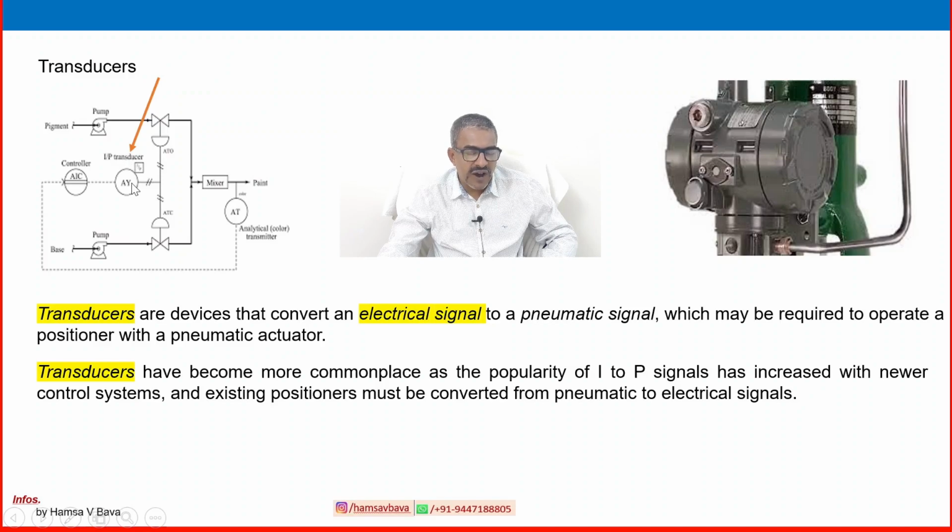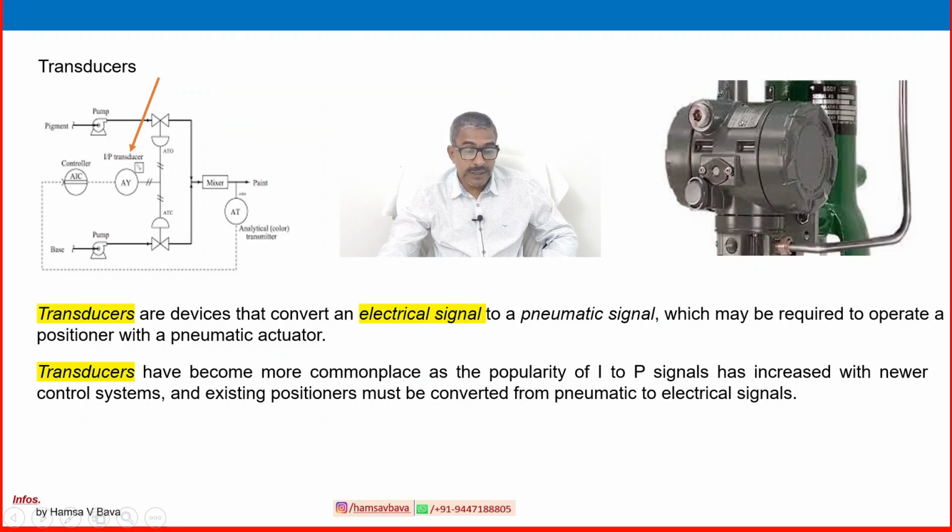Normally in a P and ID, Y is the notation used for a transducer. So the signal is going to the control valve. See here, the control valve is here and the pneumatic signal is going to it. So it's a simple explanation of the transducer.